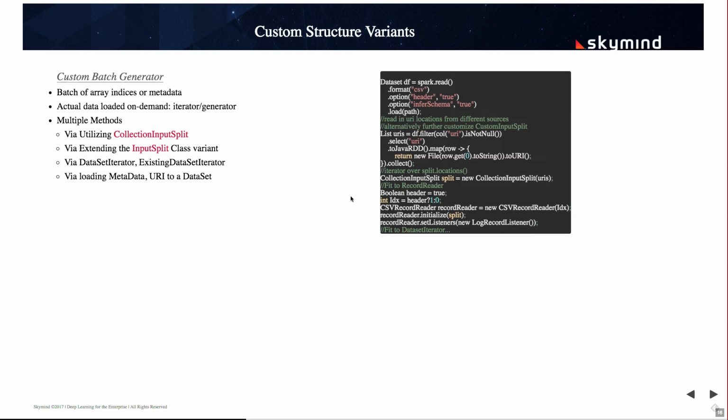Can't you read it directly from a data frame? Yeah, in this case I am reading this from a data set, a data frame, right? But when it comes down to it, on our side it needs to come in through a list or an RDD.